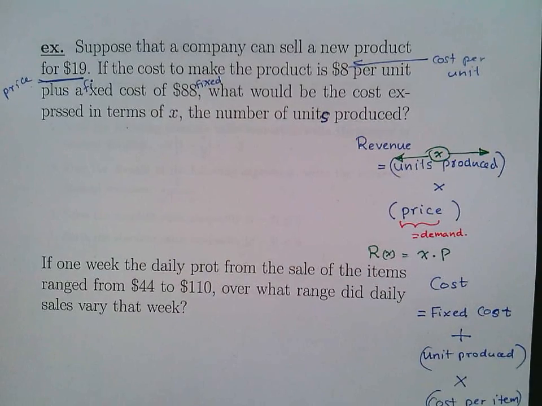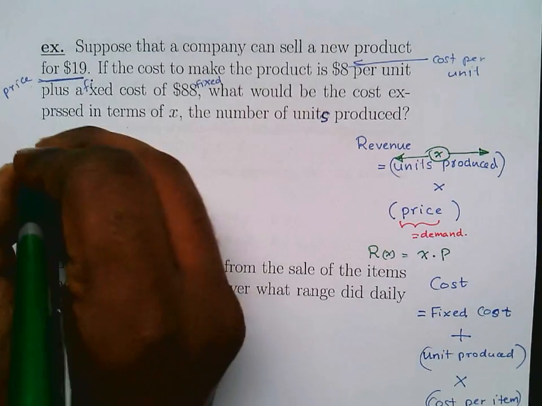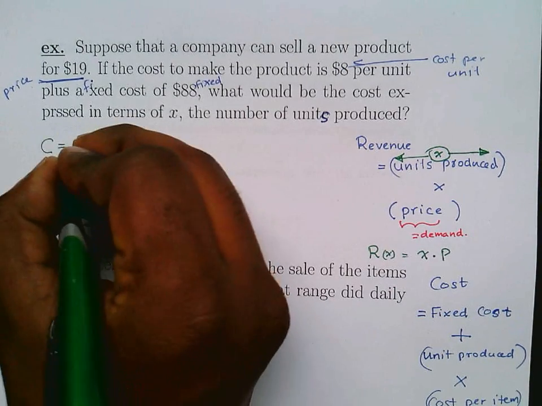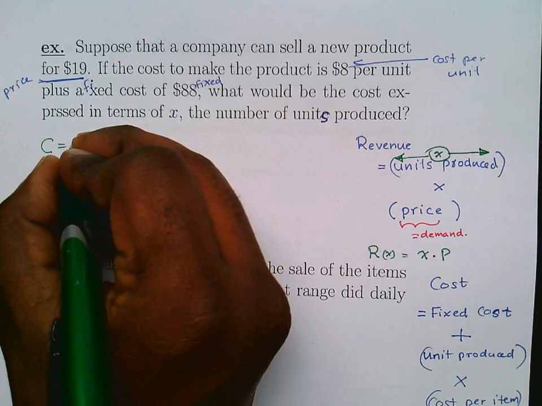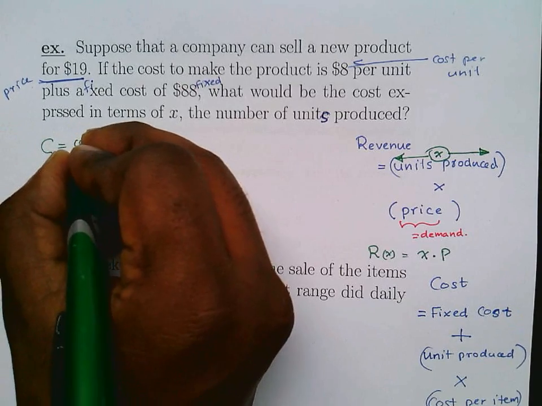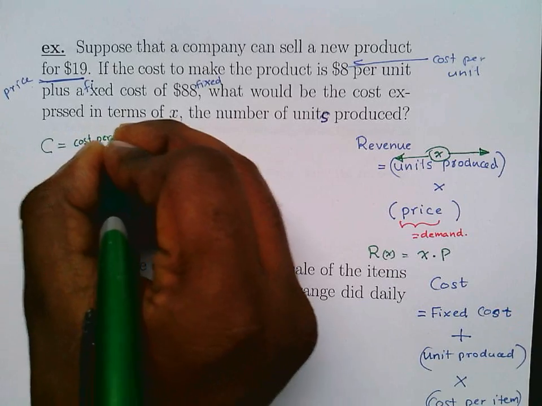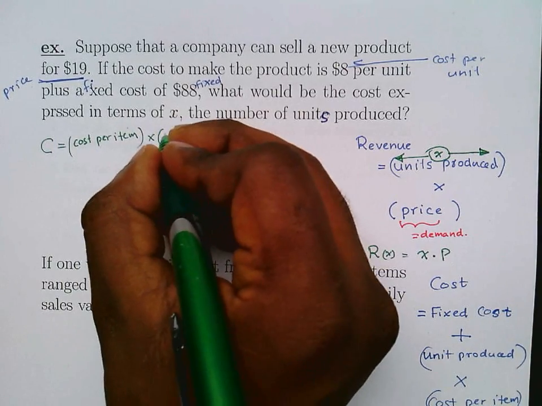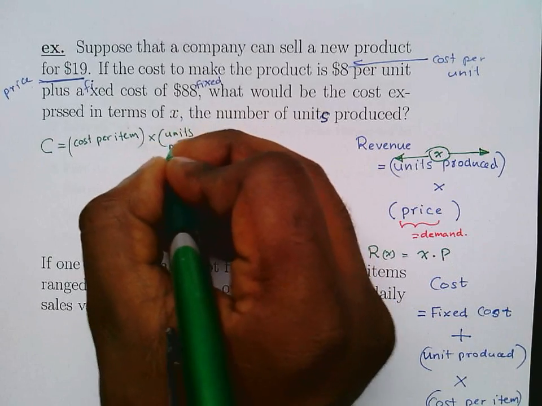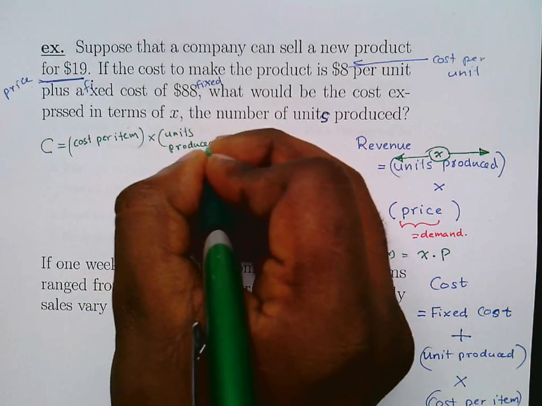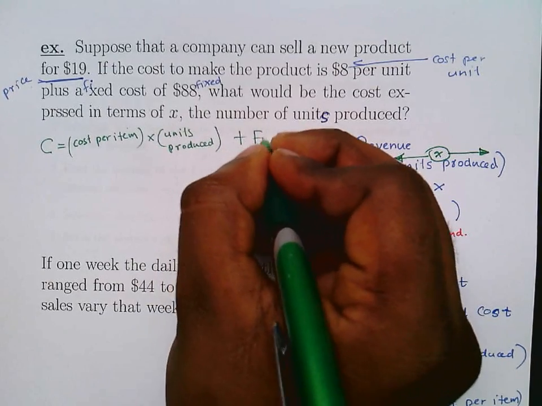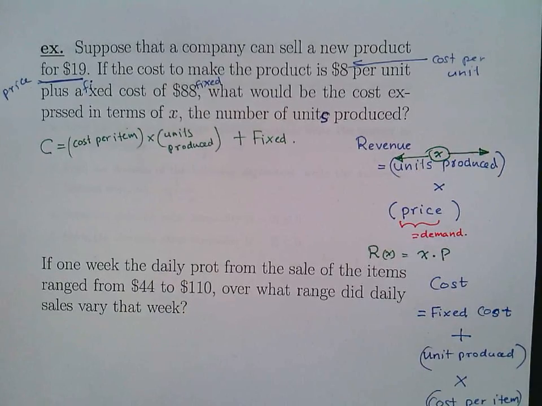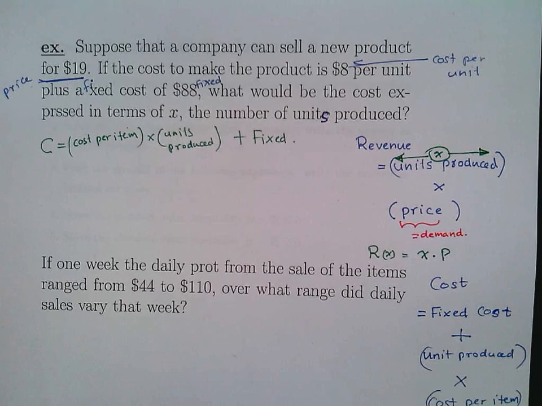Okay, now let's do that quickly. So the cost is equal to cost per item times number of units produced plus fixed cost. Now once you read the question, you can identify what variable or what constant each of these refers to.